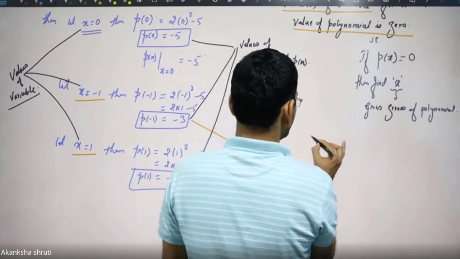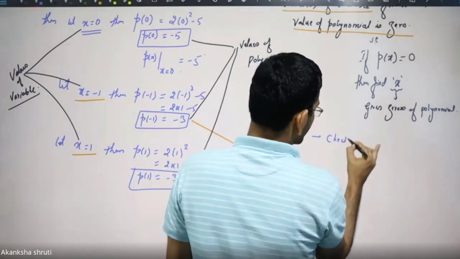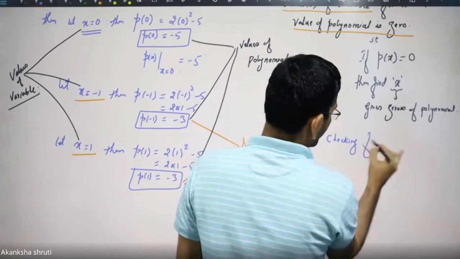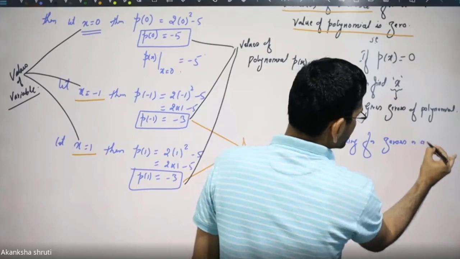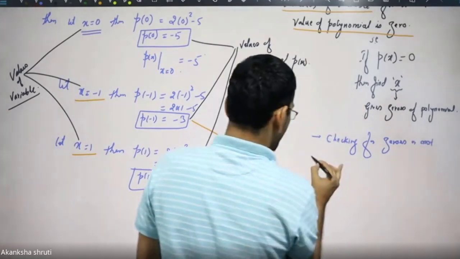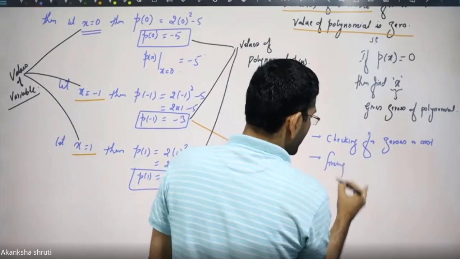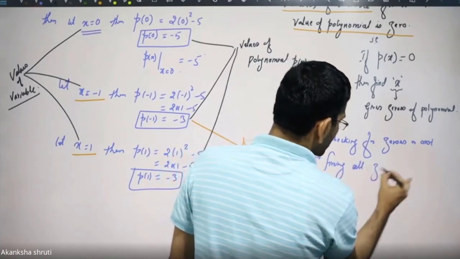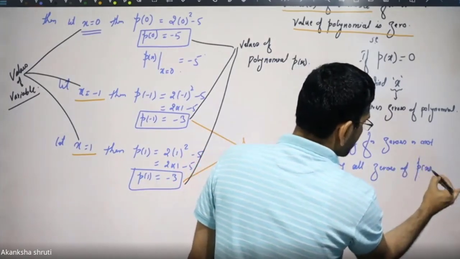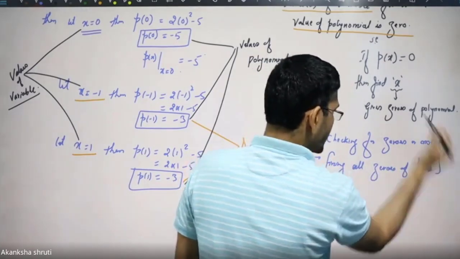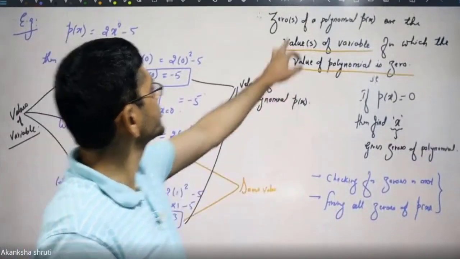So one kind of question is checking for zeros or not. The other one is finding all zeros of the polynomial p(x). So these are the two things that we have to understand in this topic. The concept is only this much.